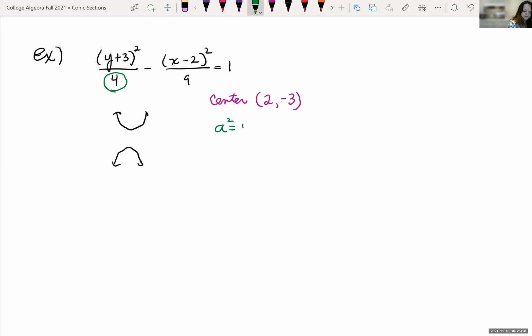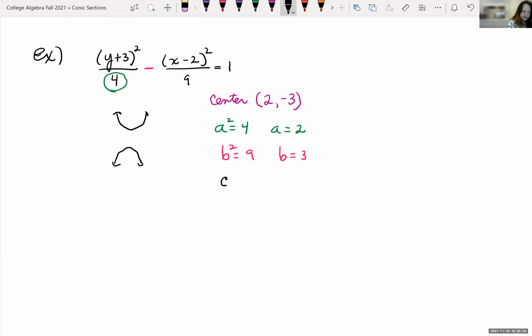So A squared is 4. A and B are distances, so we're not looking at the negative when we take the square root of both sides. So A is equal to 2. The B value is always with the negative. And so my B squared is equal to 9. So B is equal to 3.